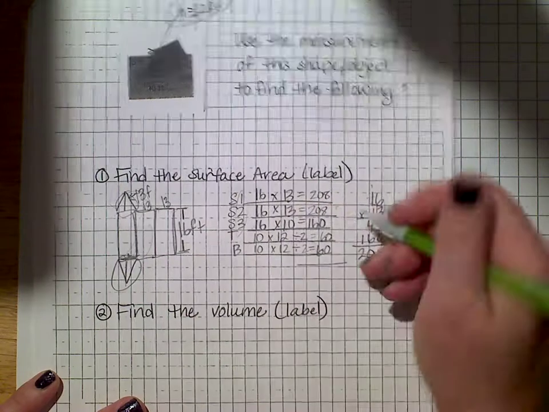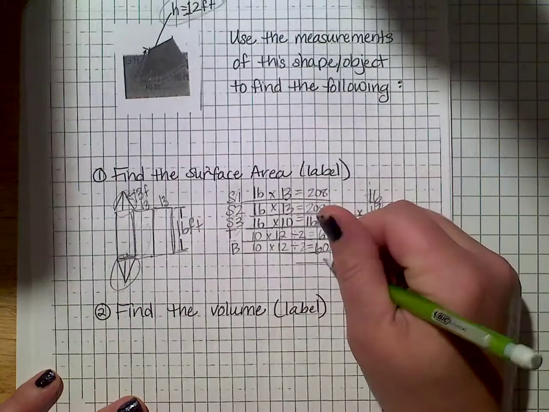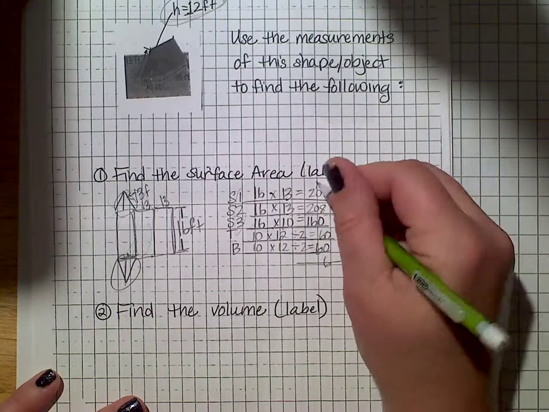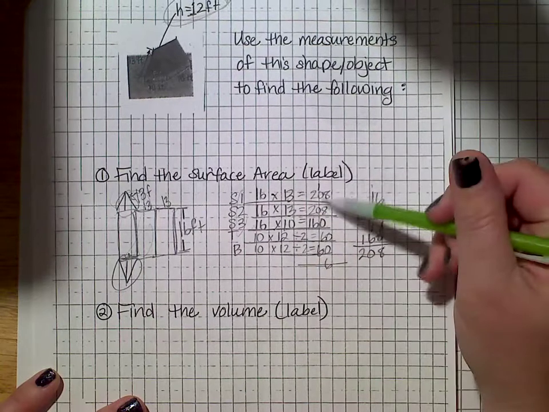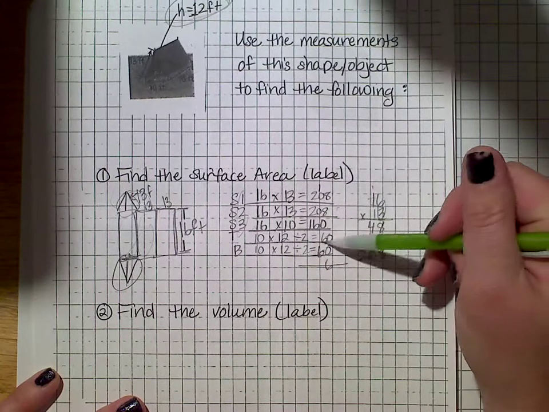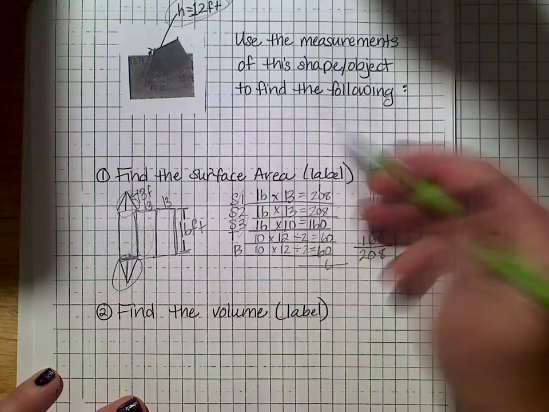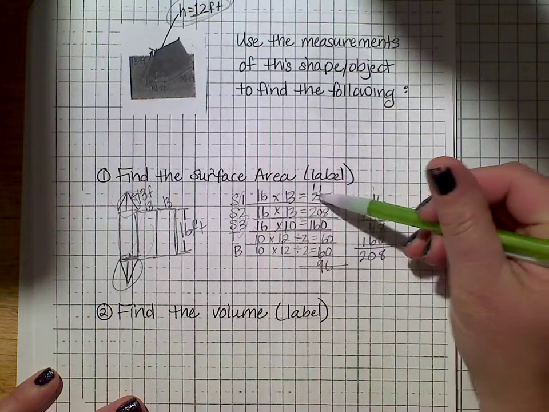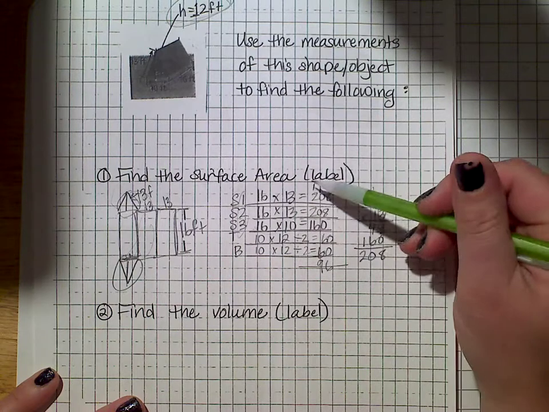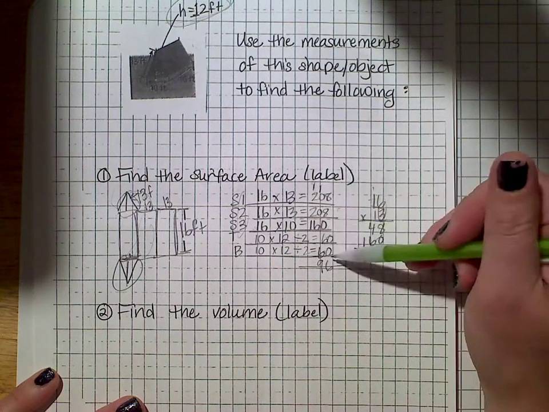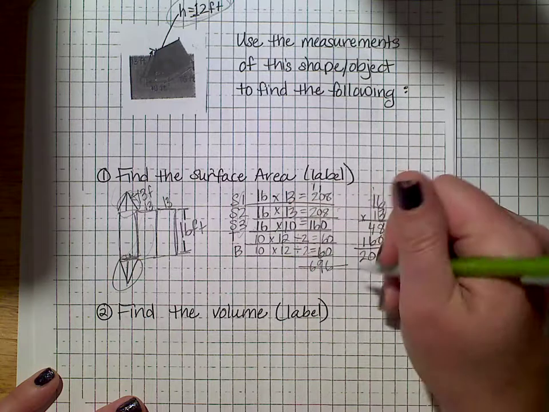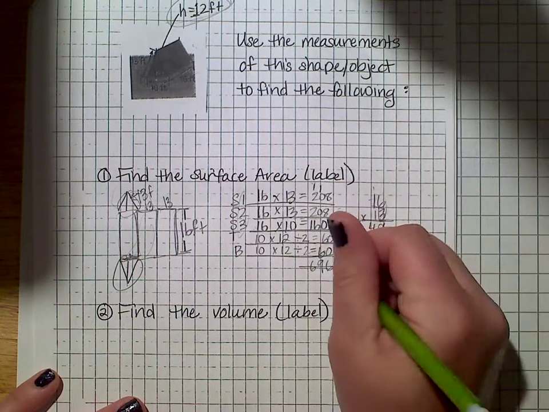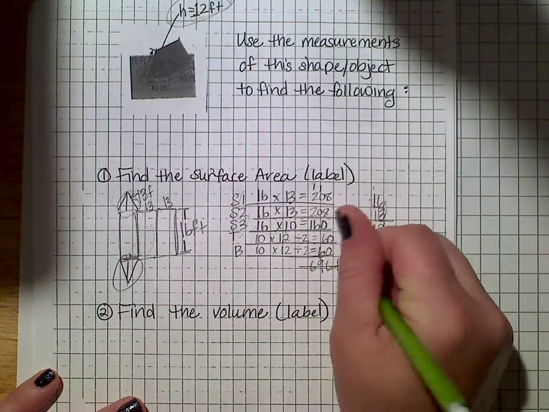So now I want to add everything up. 16, carry my group of 10. And I have 1, 2, 3 sixes is 18, 19, carry my group of 100, 200, 400, 500, 600, 696. So 696 feet squared.